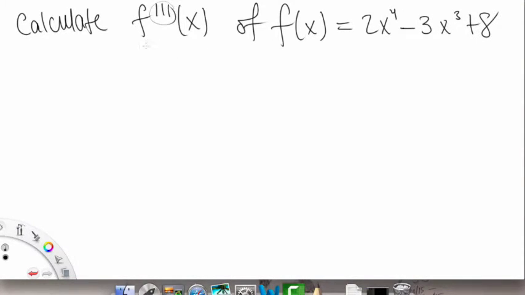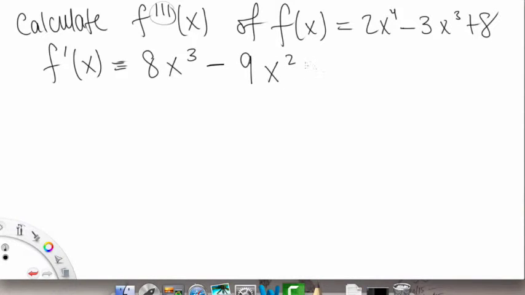The way we get to the triple prime is we have to go through the single and double primes first. f prime of x is going to be 2 times 4, which is 8x to the third, because we reduce the exponent by 1. Then minus 3 times 3, that would be 9x squared. The plus 8 turns into a plus 0, so that goes away.